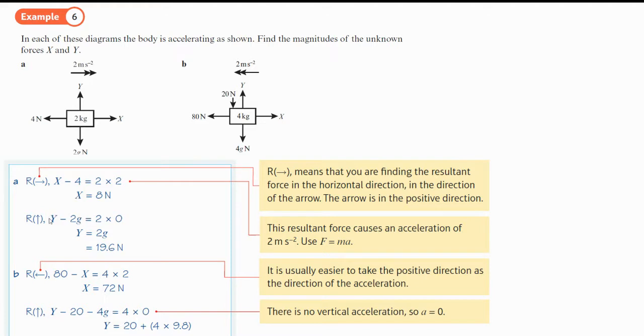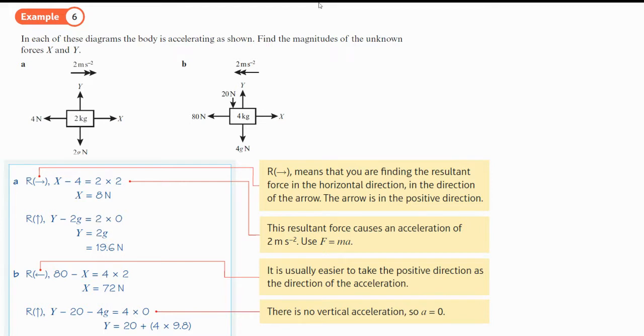So force is y take away 2g, because that's the resolution of y and 2g, equals mass, which is 2, times acceleration. It's not accelerating, so it's 2 times 0. So this bit is 0, so it moves over to the other side. 2 times 9.8 makes 19.6 newtons. So you've got the forces of x and y.